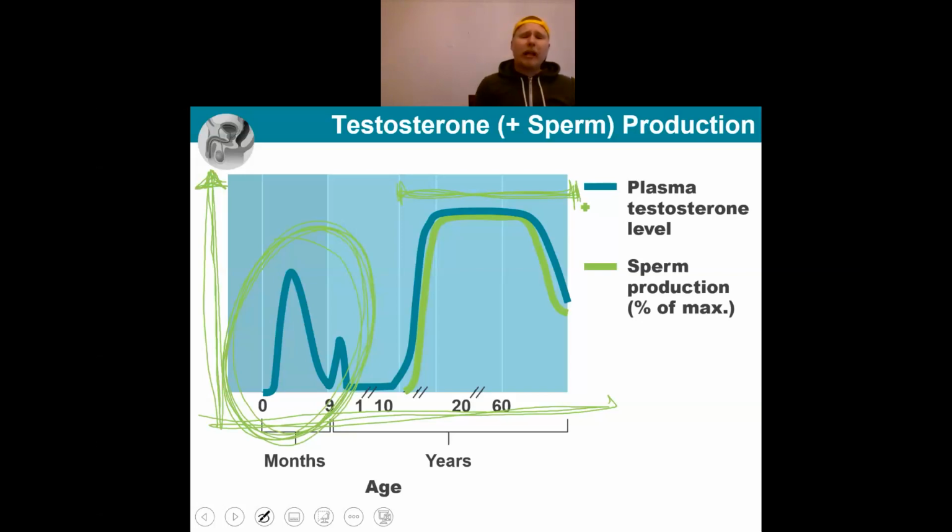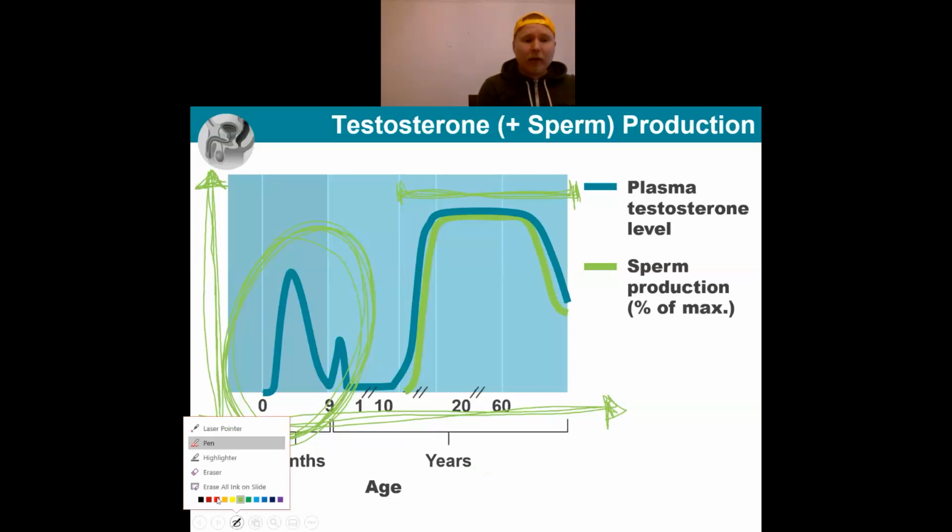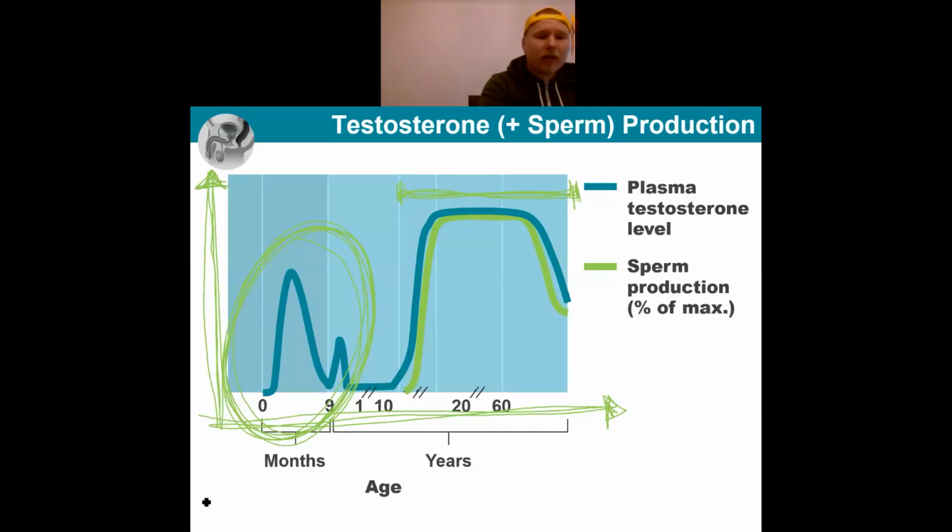So there's really a lesser limit for the male to become a father at an old age than what we saw with the females due to menopause. So that's the big difference there to notice.